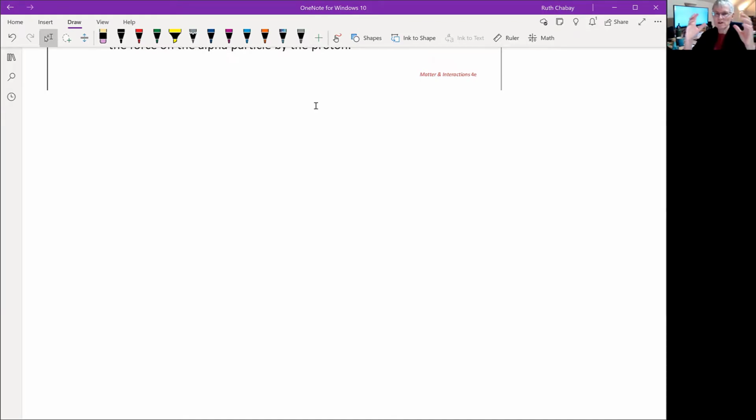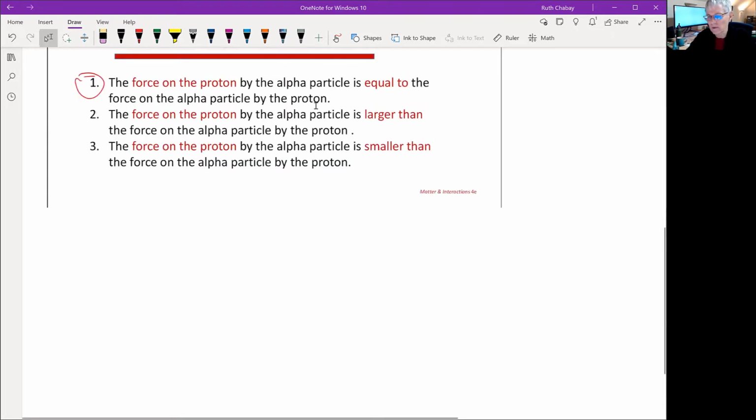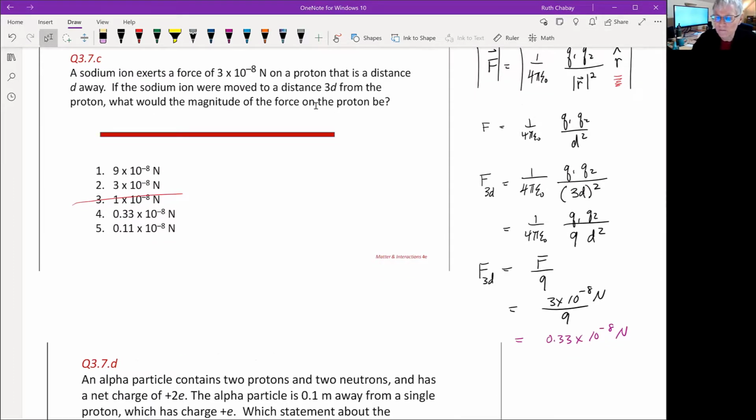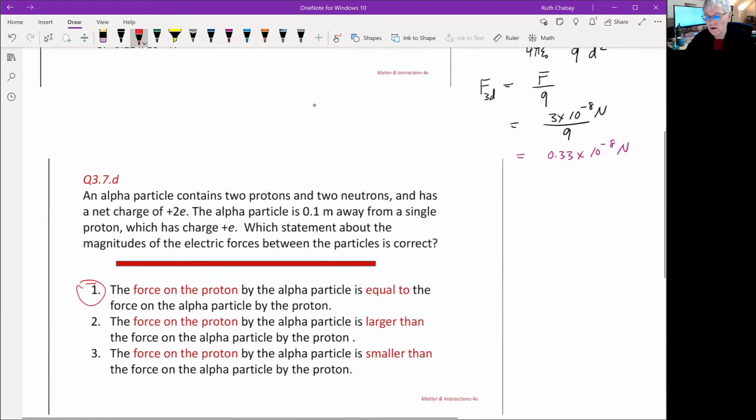But both the gravitational and the electric interactions actually occur at a distance. And that's that distance dependence that we were talking about in that first multiple choice question, where the force fell off with distance.